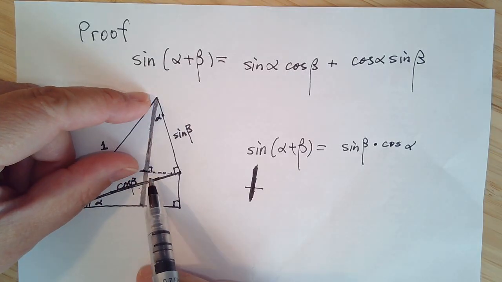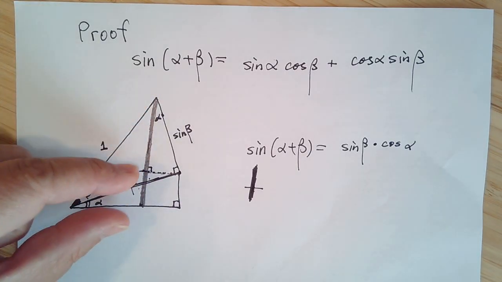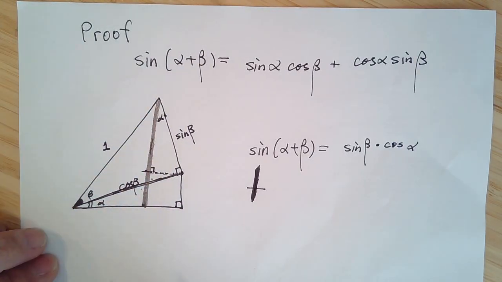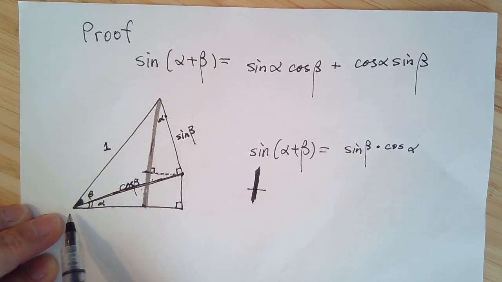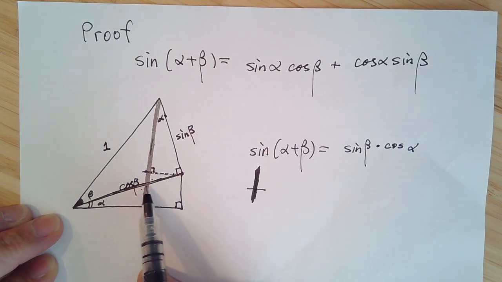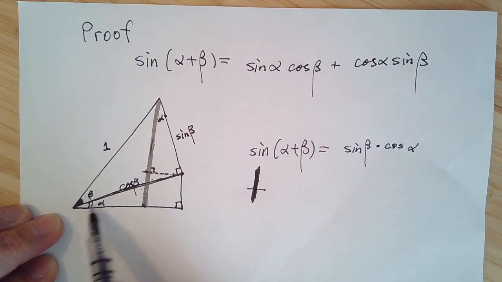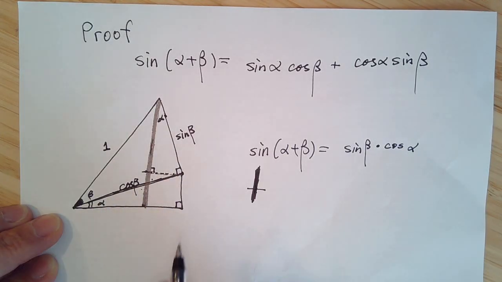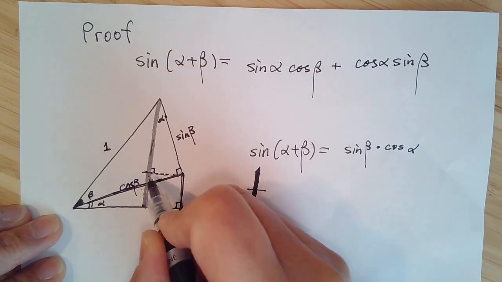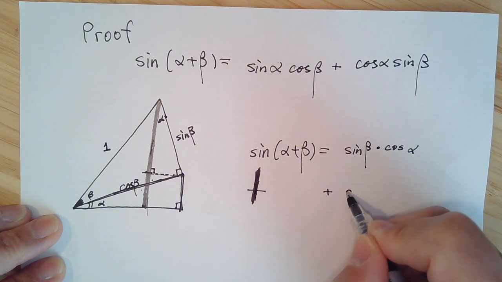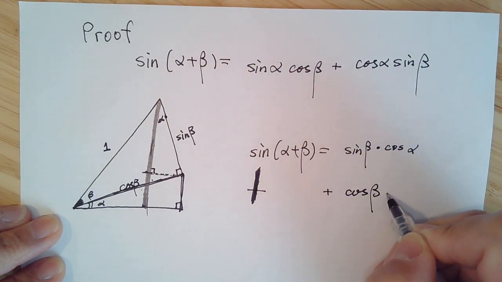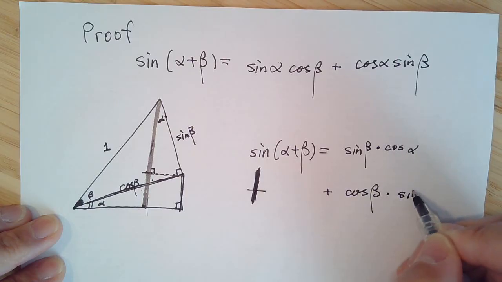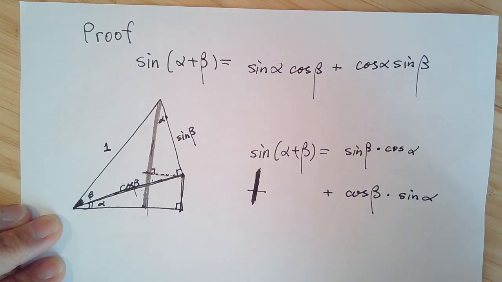That's my part 1. So what is my part 2? I look at this triangle. This is the hypotenuse, so cosine beta times sine alpha gives me this part. And this is the same as that one, so that is cosine beta times sine alpha.